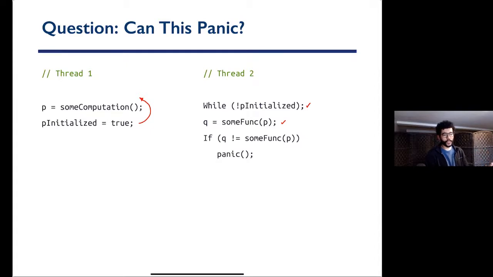We're going to calculate q. And there's a possibility that we get interrupted. We go back now to thread 1. Thread 1 now completes p equals some computation. And then we context switch back to thread 2. Now p is set, so we do this function again, and we check q with that, and this is going to be triggered because they're not equal, and our code could panic.